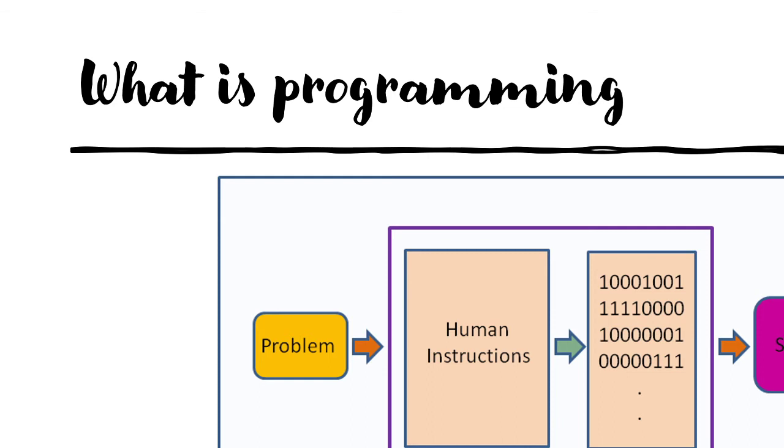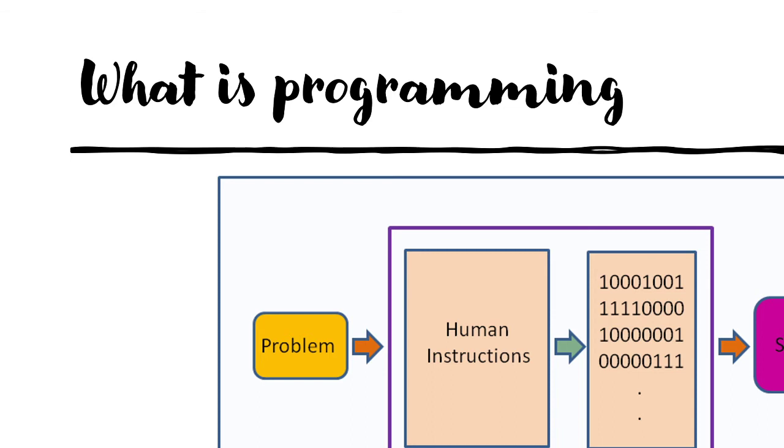This pattern of 1 and 0 is what is called machine language. And what we do in programming is we give instructions in machine language, not directly but indirectly, to a computer, and the computer will take those instructions and do some tasks.